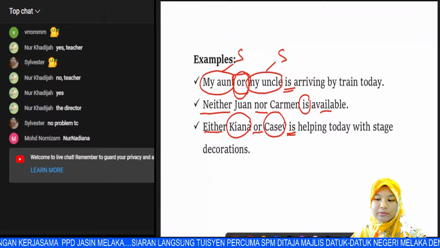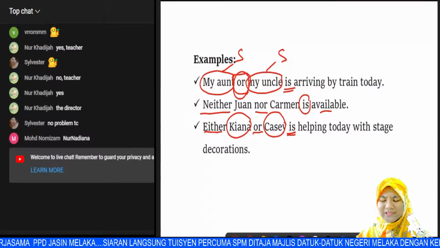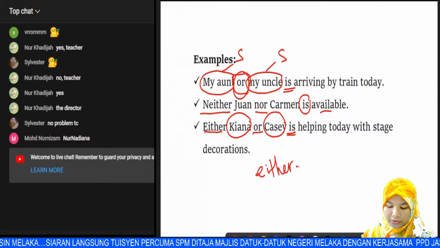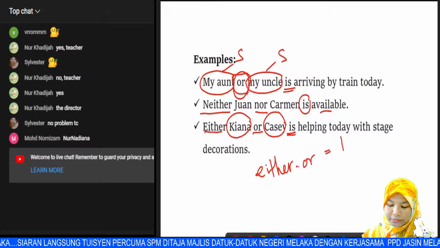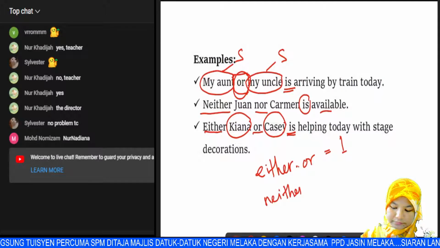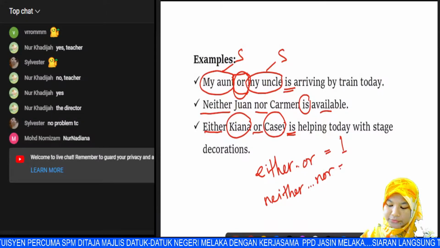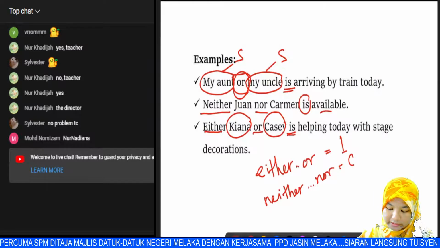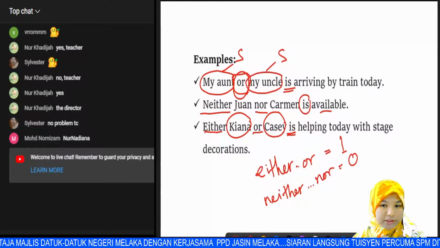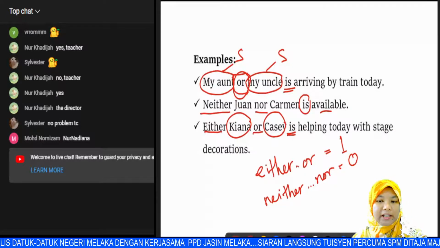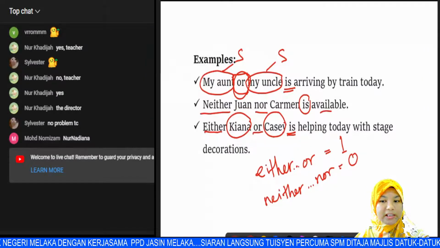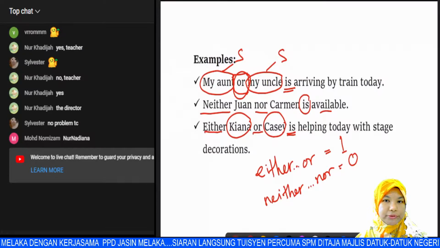I used to explain to my students that if you use "either...or", it equals 1. "Neither...nor" equals 0. That is the result of the situation. If you use "either...or", at the end of the day, it will come to one subject. And if you use "neither...nor", it means that no one will do that.